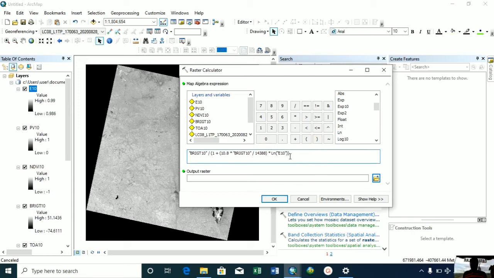So this one 2, 3. So here will be 1, 2, and then 3. This is 1 2 3. Okay, so this is going to be the land surface temperature of band number 10.